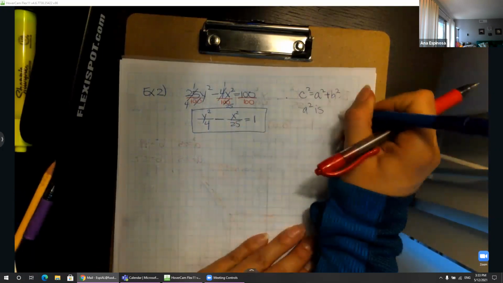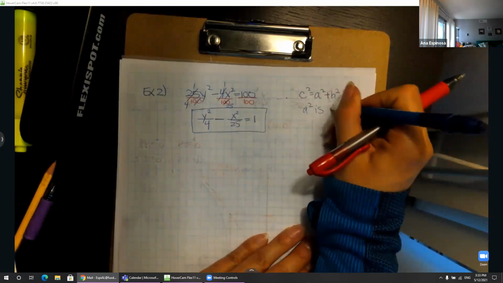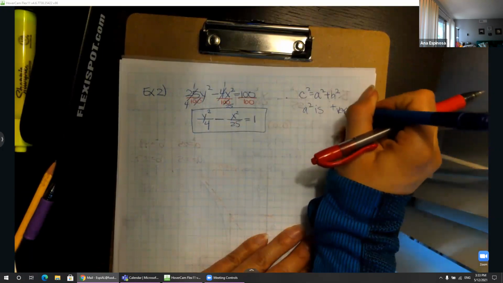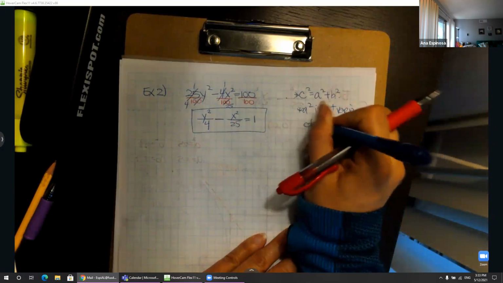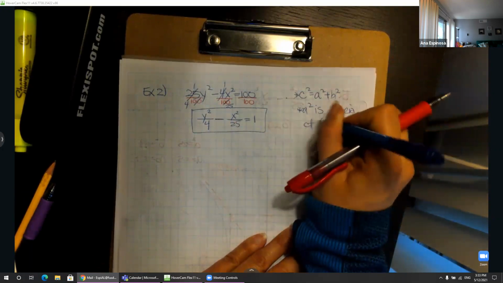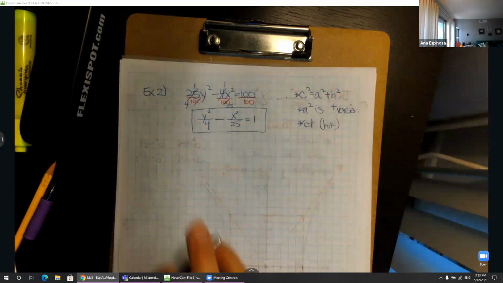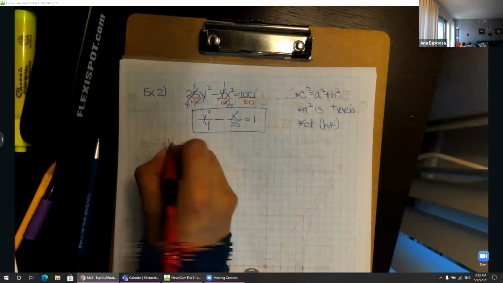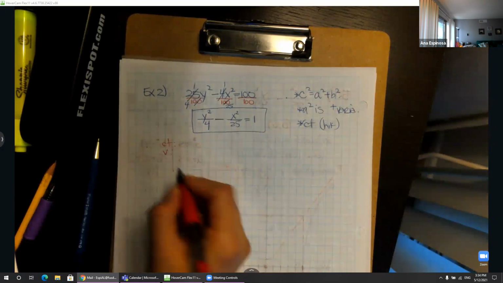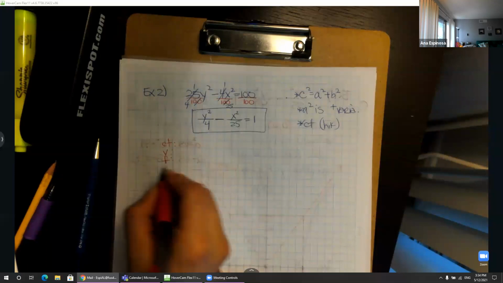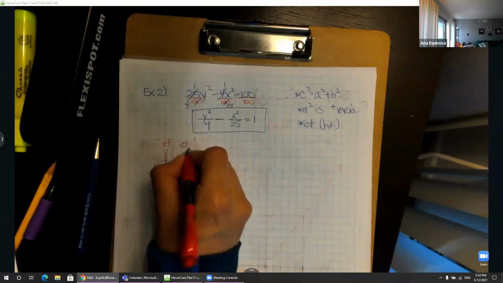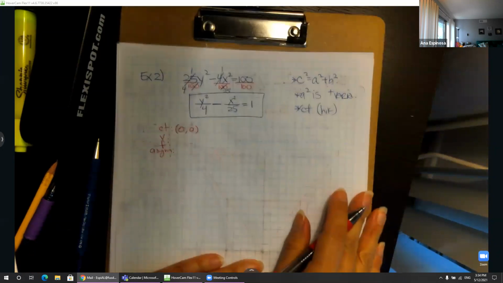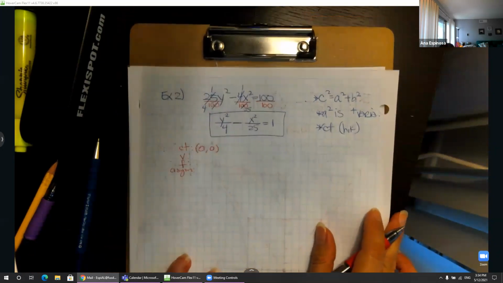A squared is the positive one underneath the positive variable. Center is HK, which will be 0, 0 for these cases. Okay. Center, vertices. I'm just going to abbreviate here. Asymptotes. So that's 0, 0. That's all I know so far.